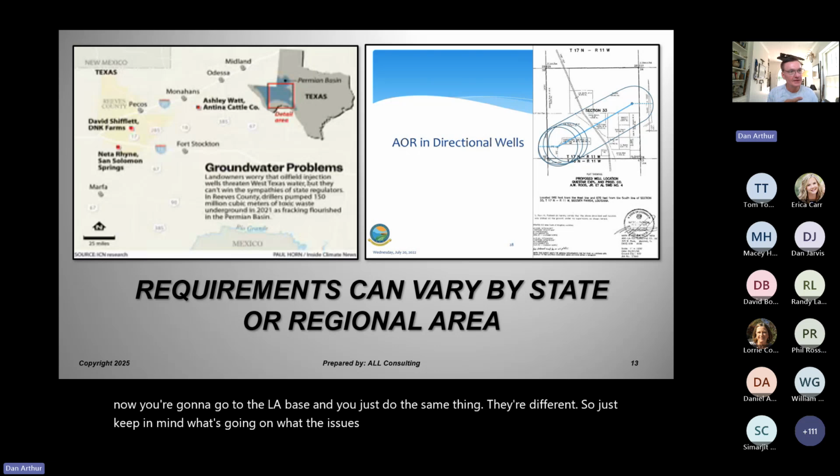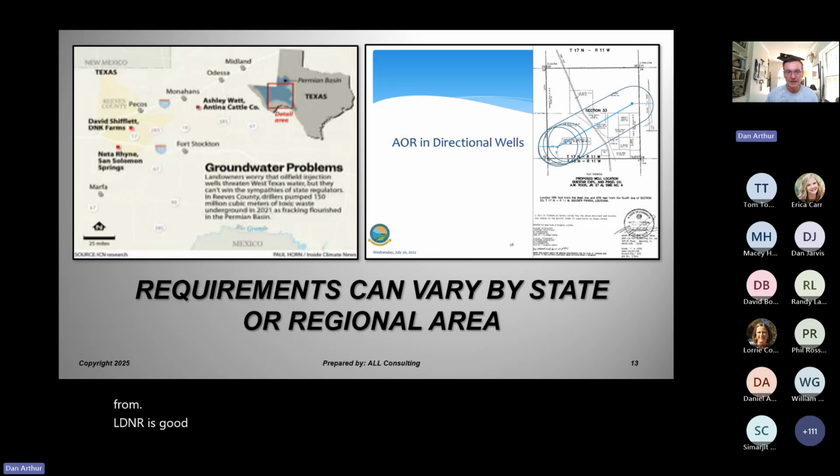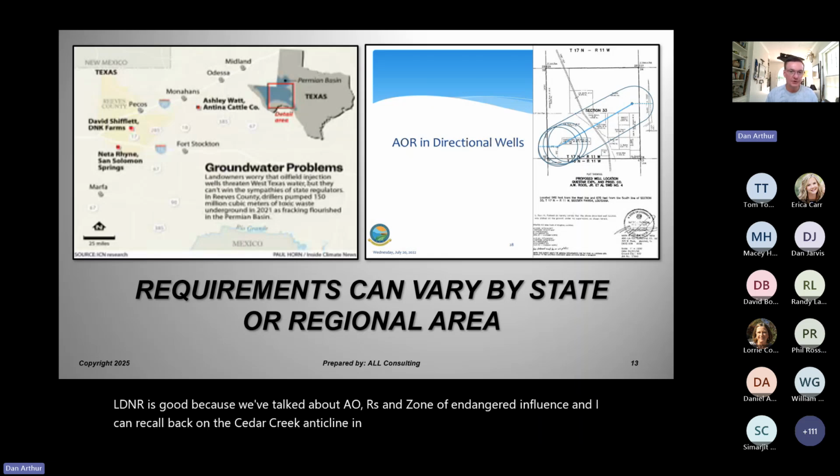And it's the same thing, like this example from LDNR is good, because we've talked about AORs and Zone of Endangering Influence. I can recall back on the Cedar Creek anticline in Montana, we converted a major water flood from vertical water flooding to complete horizontal water floods.